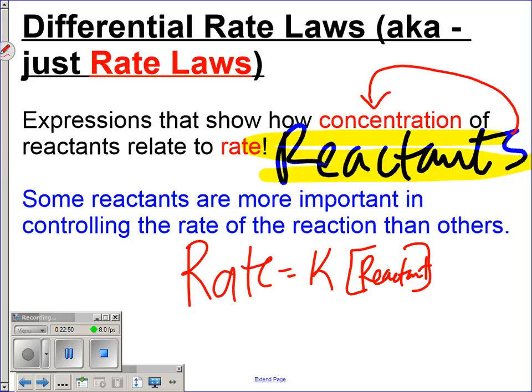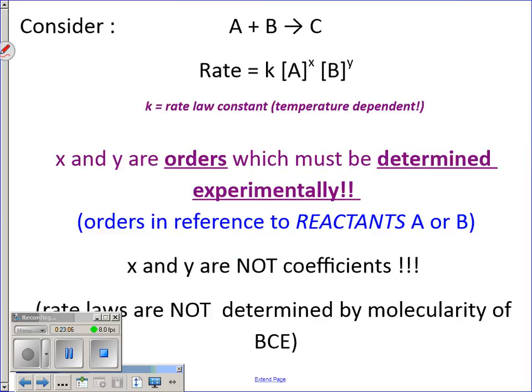They might take one step and be done, like A plus B yields AB. Or there might be 15 steps in the middle that we don't know about, so we can't always take it at face value. We have to know more about the reaction mechanism, which we'll get into a little bit more tomorrow.